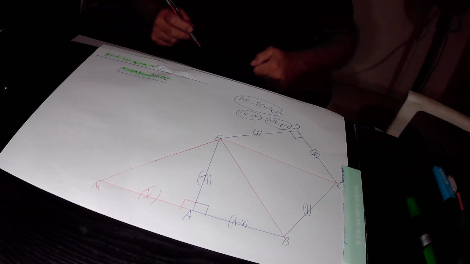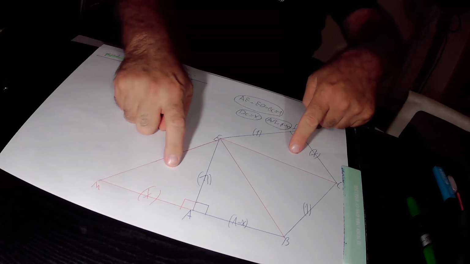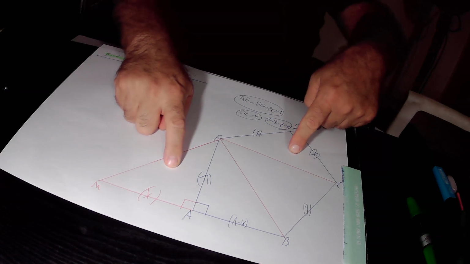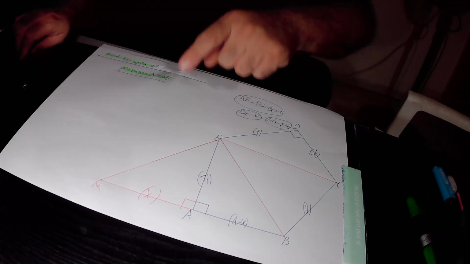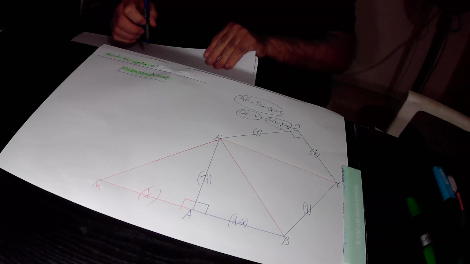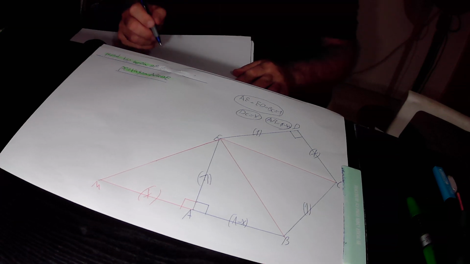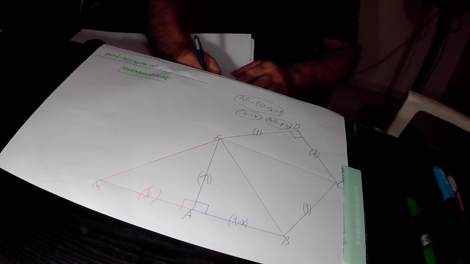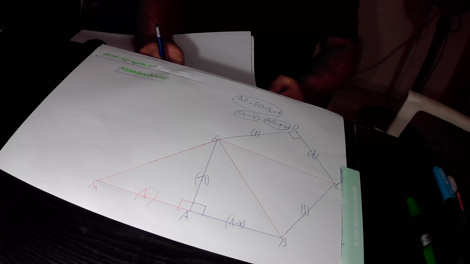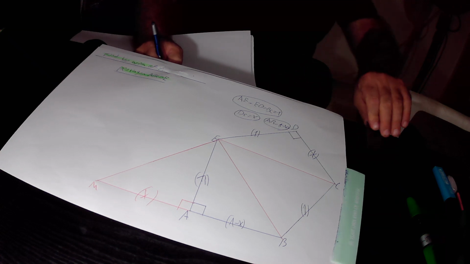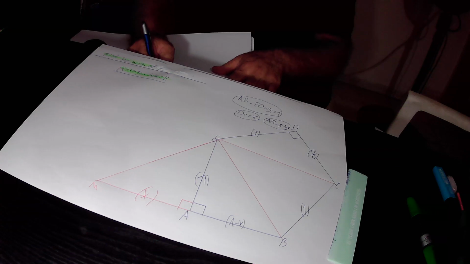In the next step, we will prove that those two right triangles can map onto each other according to the side angle side rule. So we have to prove that this right triangle EMA can map onto this right triangle EDC according to the side angle side rule.